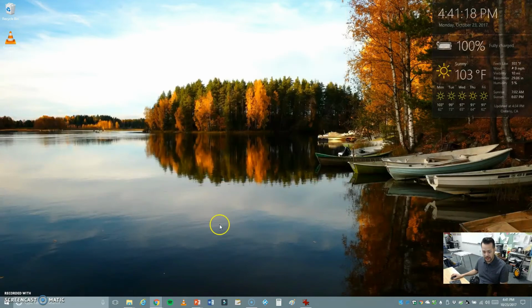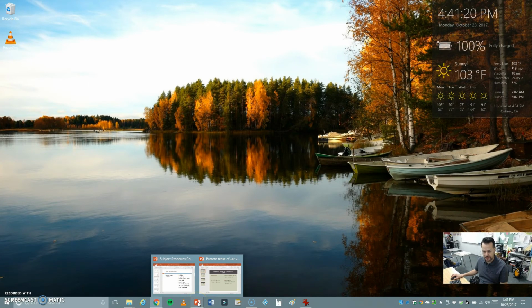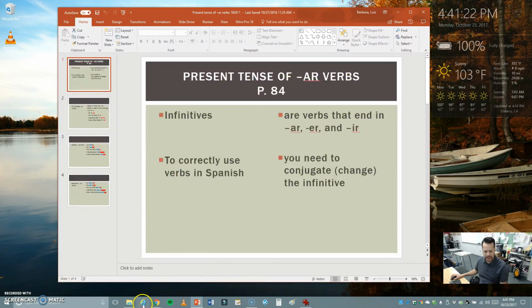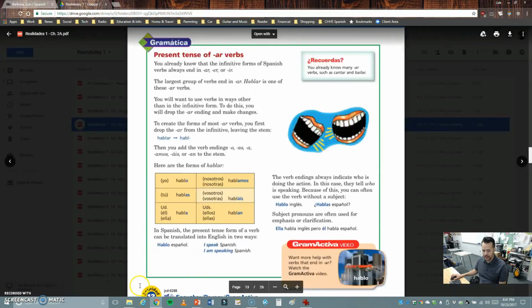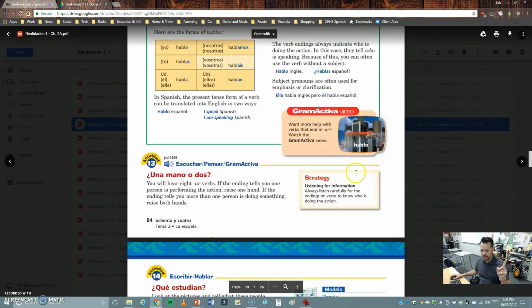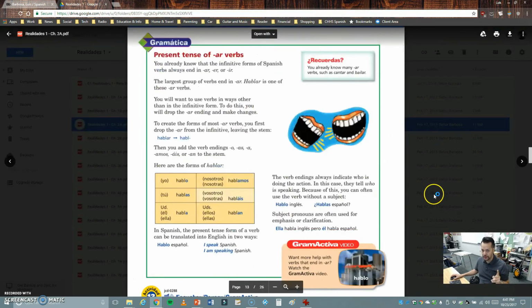Okay. So the next thing I want to talk to you about, ladies and gentlemen, is going to be something called present tense of AR verbs. Now, I got to tell you, and this is going to be on página 84, that so far in la clase de Español, we've already learned that verbs in Spanish are classified in their infinitives, and they end in 3 ways, okay?